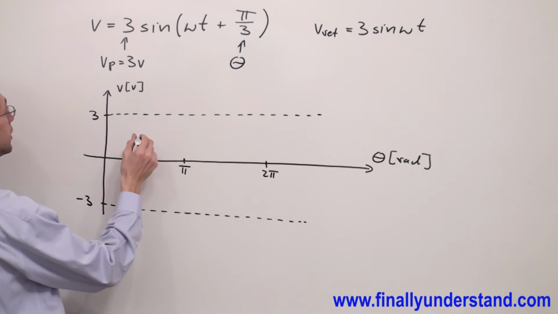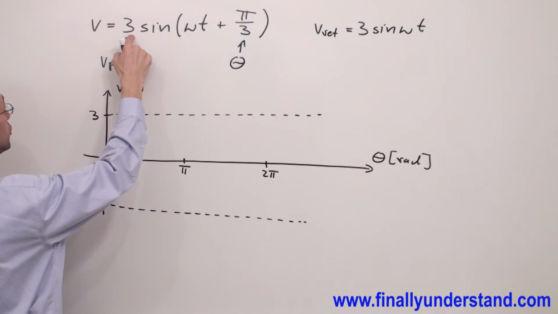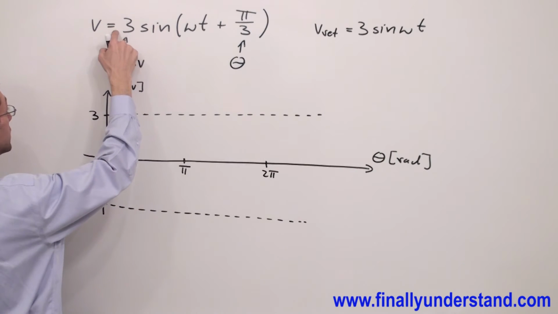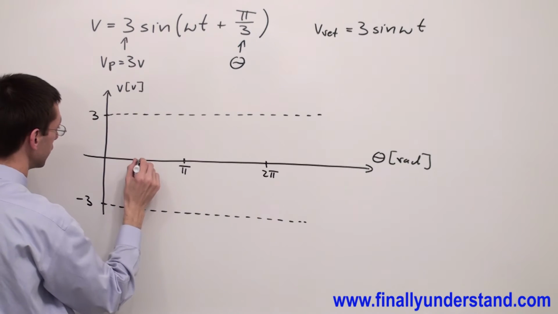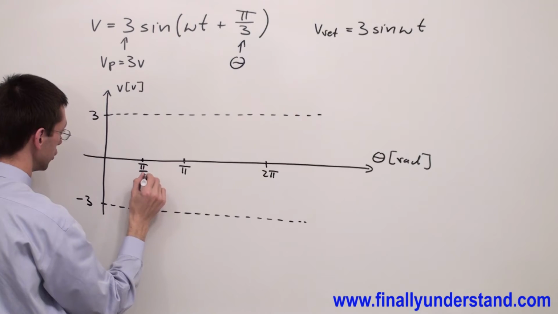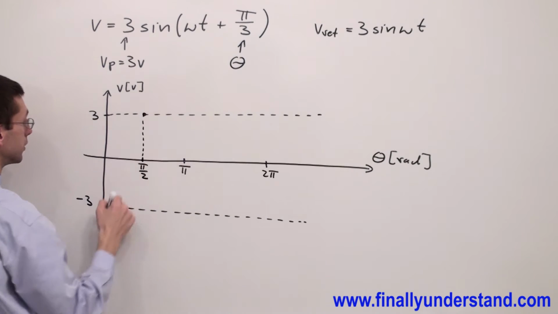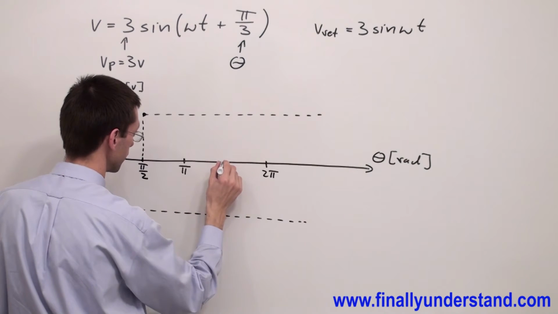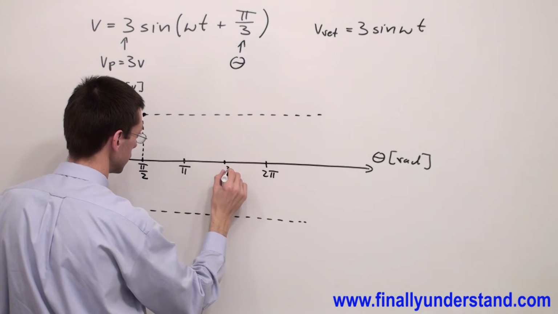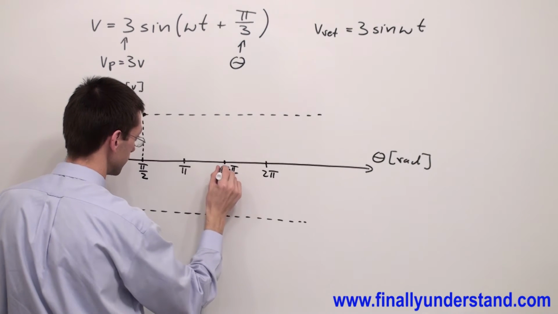You have to keep in mind that the sine wave, which has a positive voltage peak in this equation, is going to have its peak value at pi over 2, and its negative peak value at 3 pi over 2.